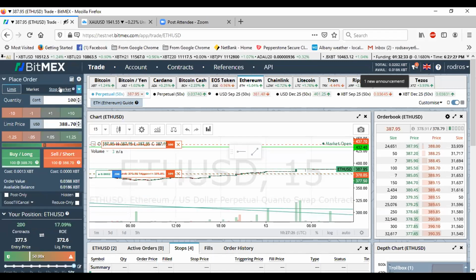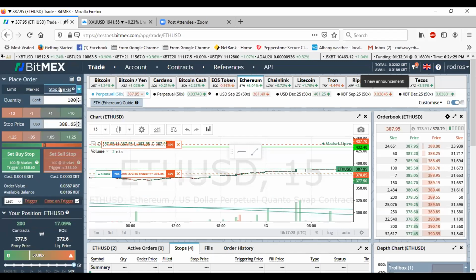Now, on the stop market, all you need to do is put in the price that you want it to close out at. And when it hits that, it's going to close out at market value.